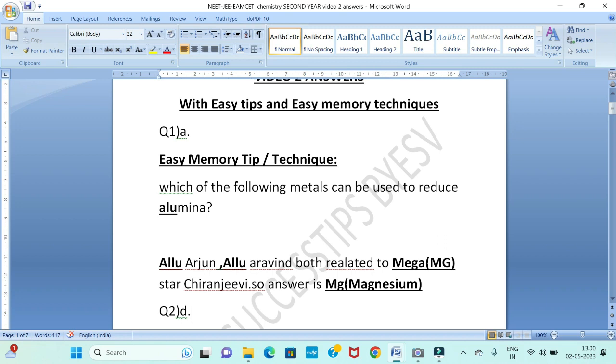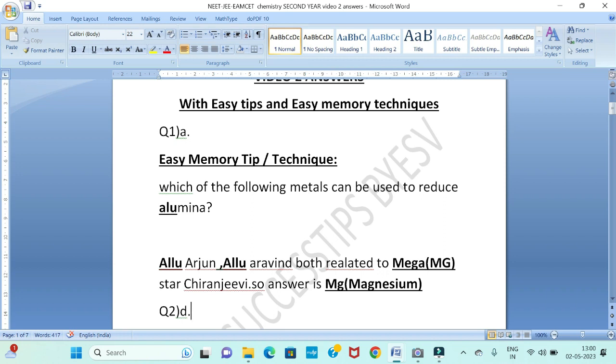Allu Arjun and Allu Aravind both are related to Megastar Chiranjeevi. So I am taking Allu Arjun and Allu Aravind, the producer. Both are related to Megastar Chiranjeevi. Allu Arjun's father, in Telugu, my Nana means father. Father is Allu Aravind.